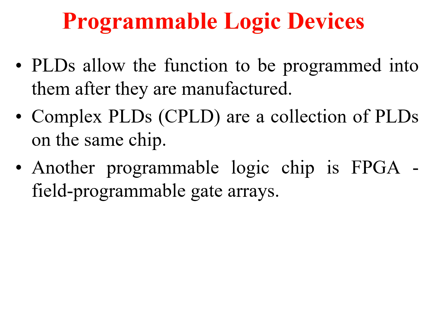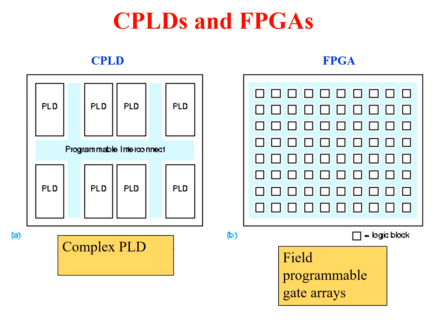The complex programmable logic device, CPLD, is a collection of PLDs on the same chip. But the field programmable gate array is another programmable logic chip, which is defined as the FPGA. And this is a diagram for CPLD and FPGA.